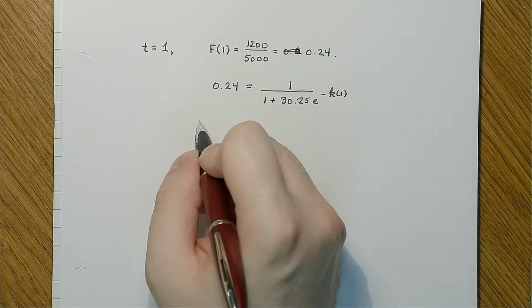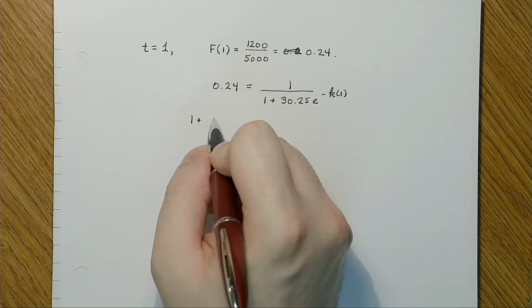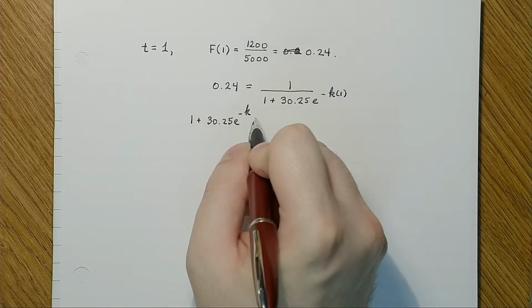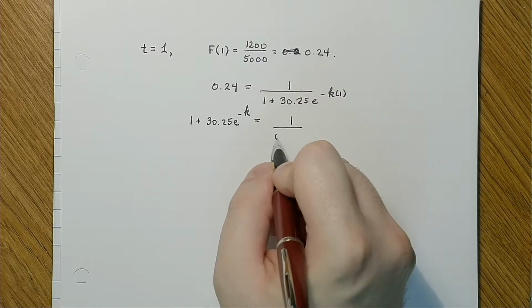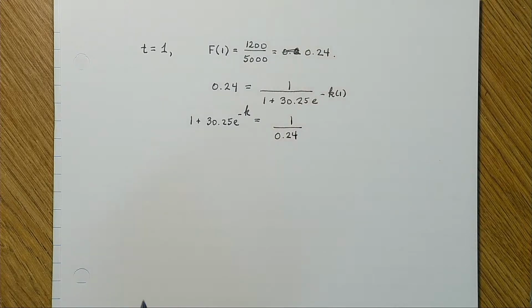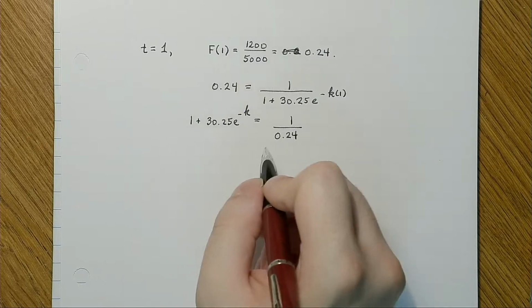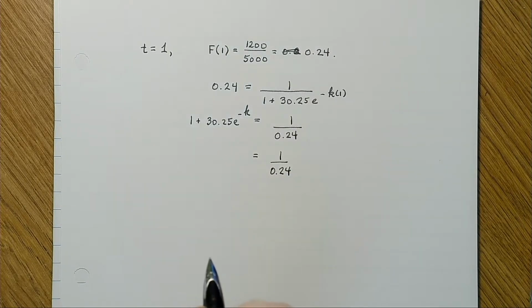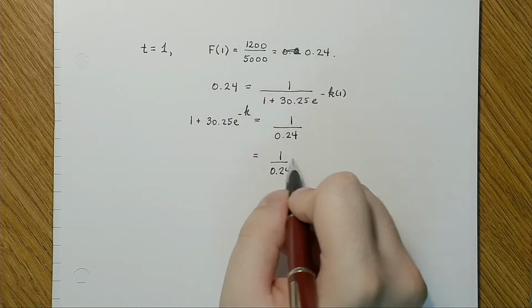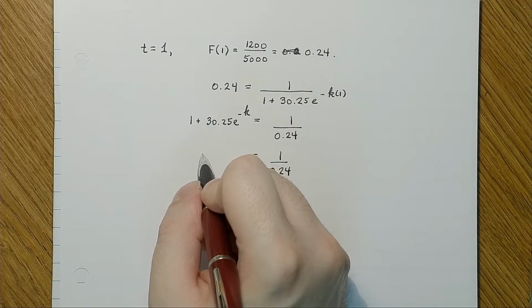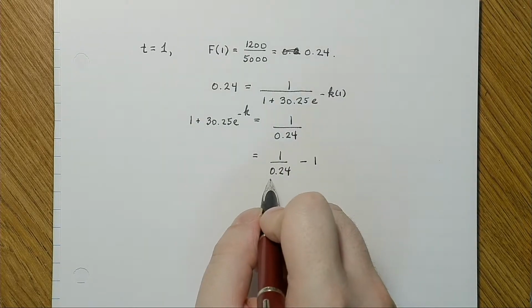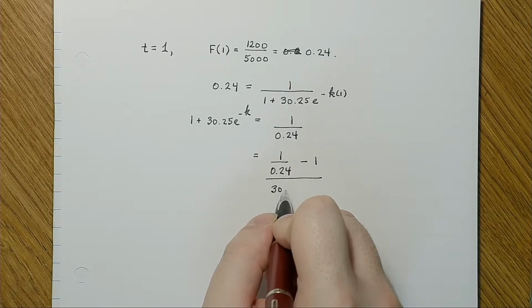So to do that, I have 1 plus 30.25 e to the minus k is equal to 1 over 0.24. I'll bring the minus 1 over here and then divide by 30.25.